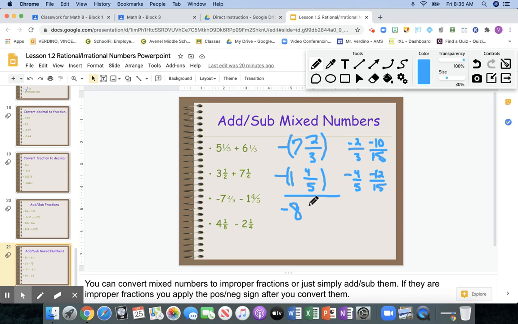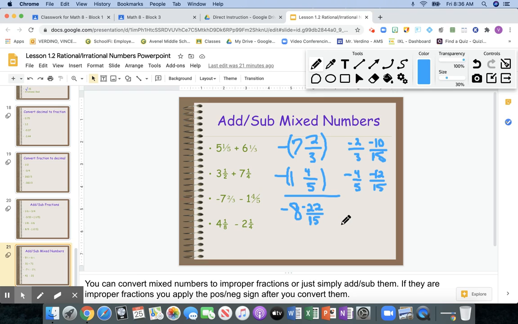Now, if I have that negative 22/15, my numerator is much larger than my denominator.